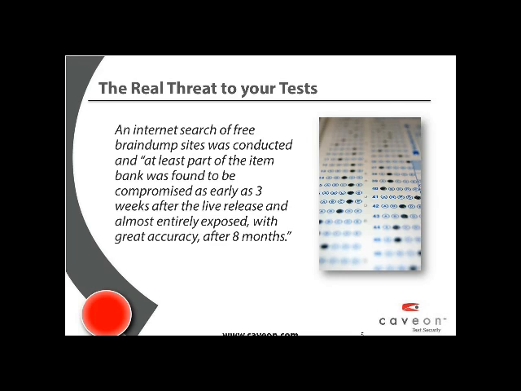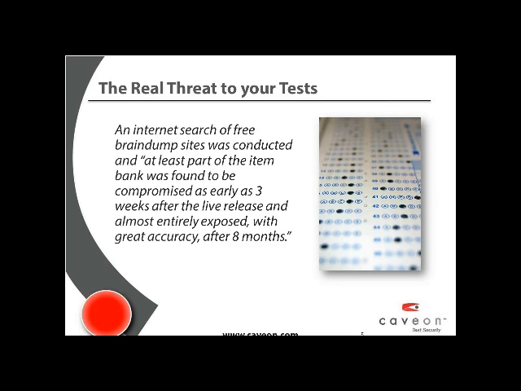Some of you may know of a study by psychometrician Russell Smith that looked at the impact of brain dump sites on item exposure and item parameter drift. During the study, an internet search of free brain dump sites found that about 25% of the item bank was exposed within only 3 weeks of the exam being published live, and with a fair amount of accuracy.